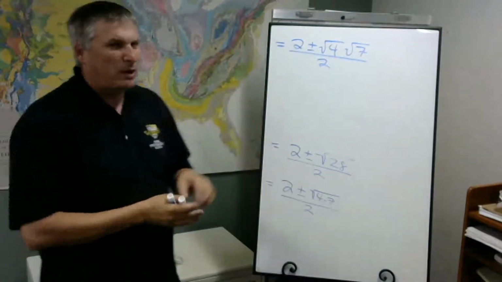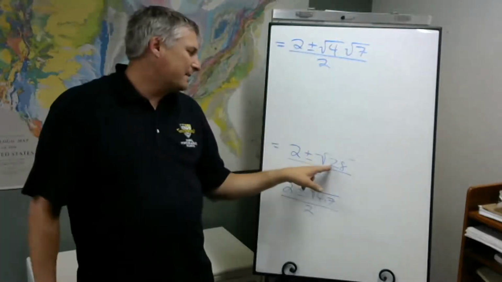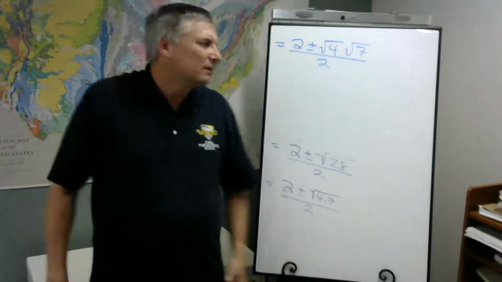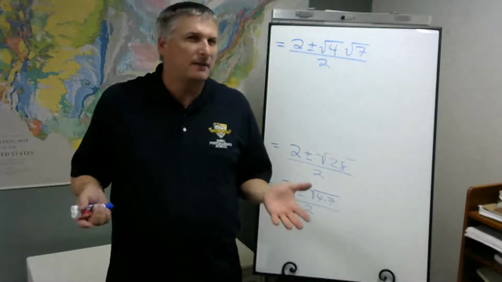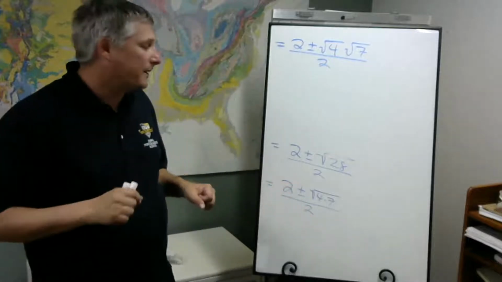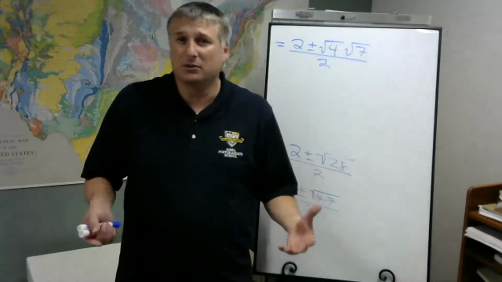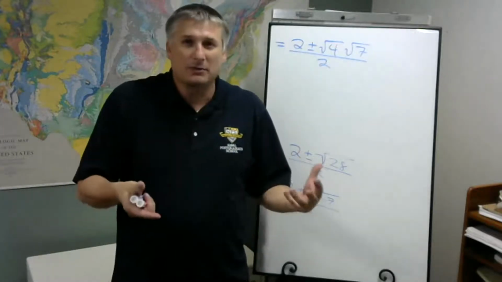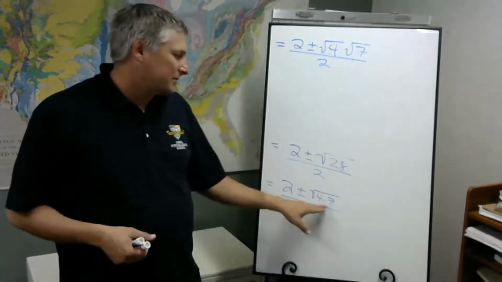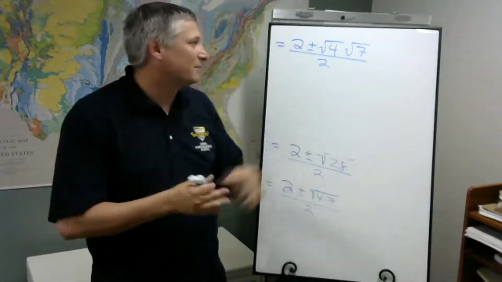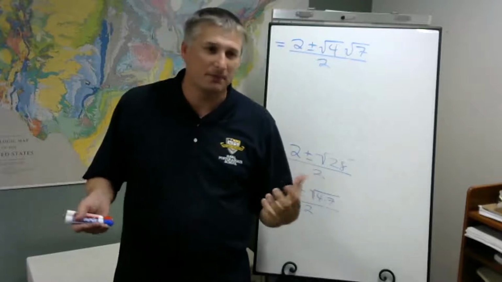Now you might ask some questions here. How come I made 28 4 times 7 instead of 2 times 14? And you're right, I could have done that, but here's the reason why. I remember that if I take the square root of 4, I get an integer. It's a nice root to get. And I'll just have to live, so to speak, with the square root of 7. It's going to be irrational. I'll just have to leave it as a symbol, square root of 7.